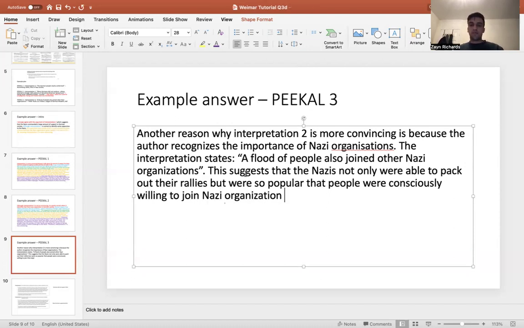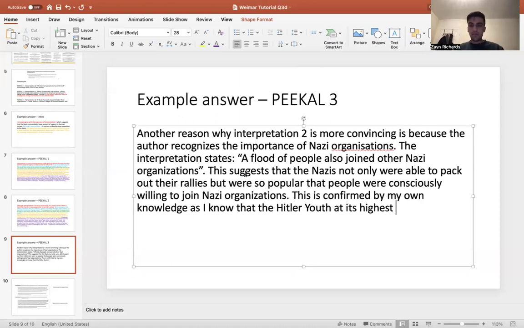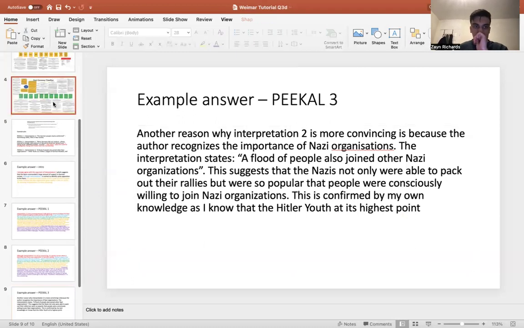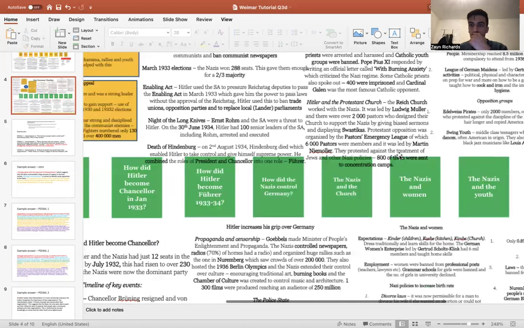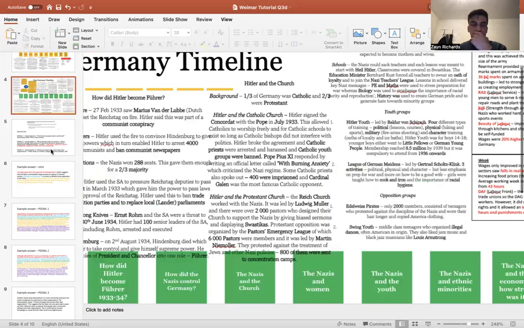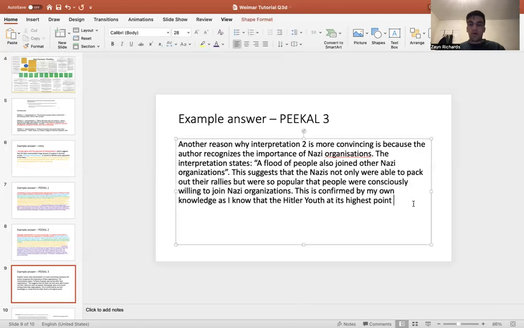Okay, right, and then I say this is confirmed by my own knowledge, as I know that the Hitler Youth at its highest point had over 8.5 million members by 1939, and the League of German Maidens under Gertrud Scholtz-Klink.